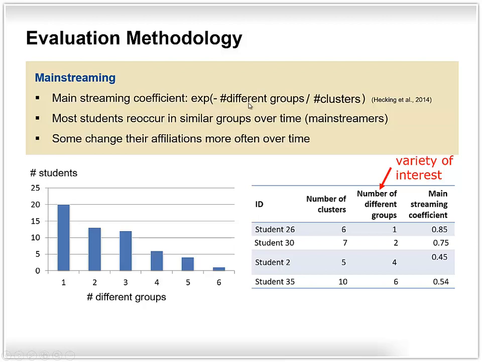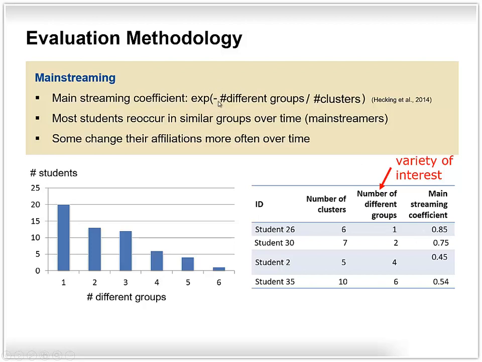So if we look at this quotient, the number of different groups divided by the number of clusters, for instance, student 26 appears in one group that is associated to 6 clusters, which stands for high mainstreaming.